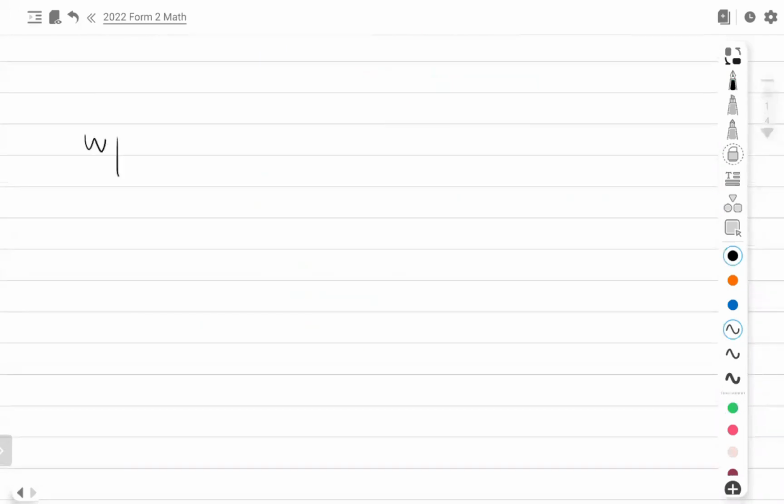What about this? WP minus HP plus WQ minus HQ. Okay. Split into half. So the first part, what is the common factor? We do together. What is the common factor for the first part, WP minus HP? P, correct?